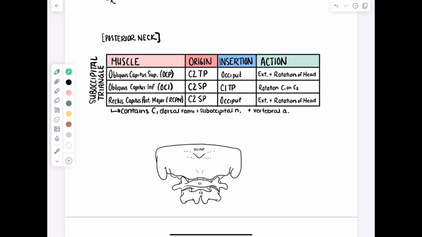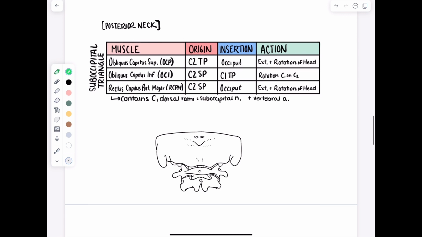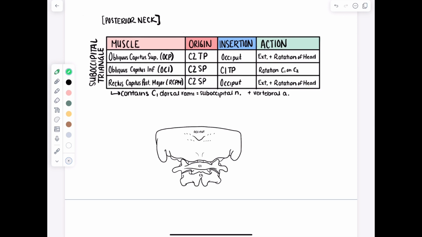If you see an oblique, they're more of an angular thing. So they're going to go from the TP, remember, that is our transverse process. It's going to go from our TP up to our C1 TP. So it's kind of doing this little tiny line going from here to here.